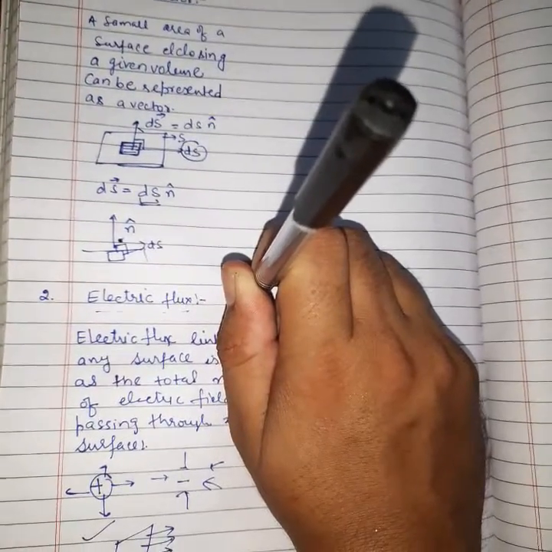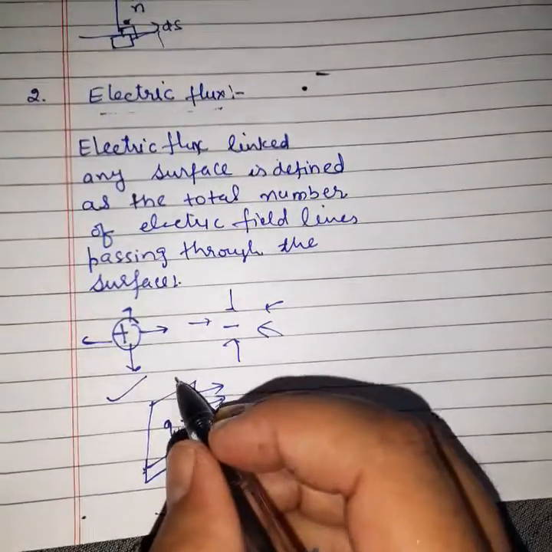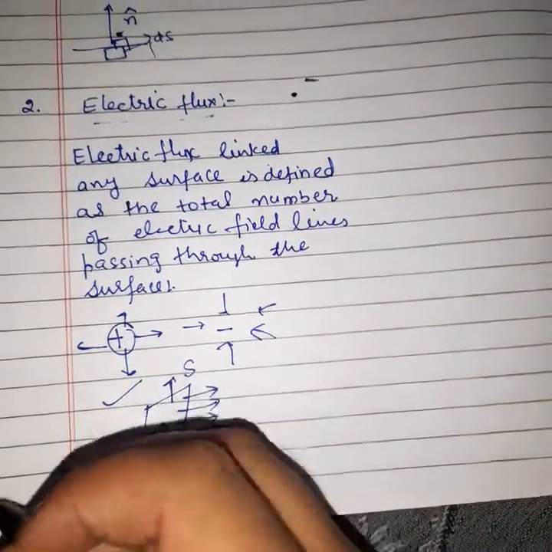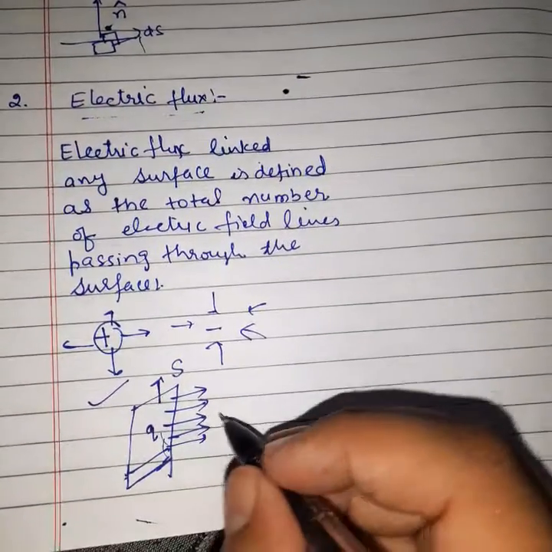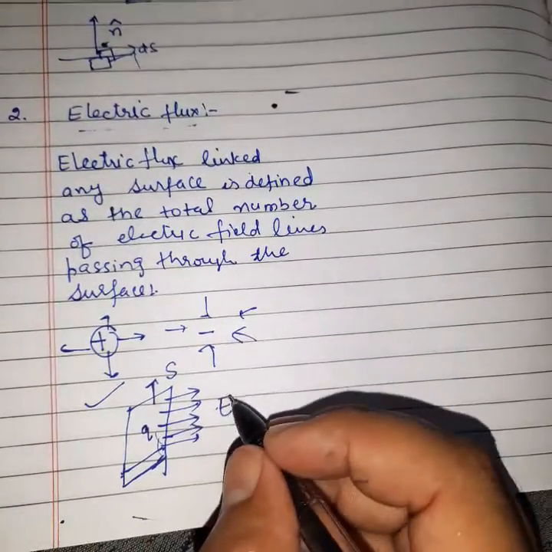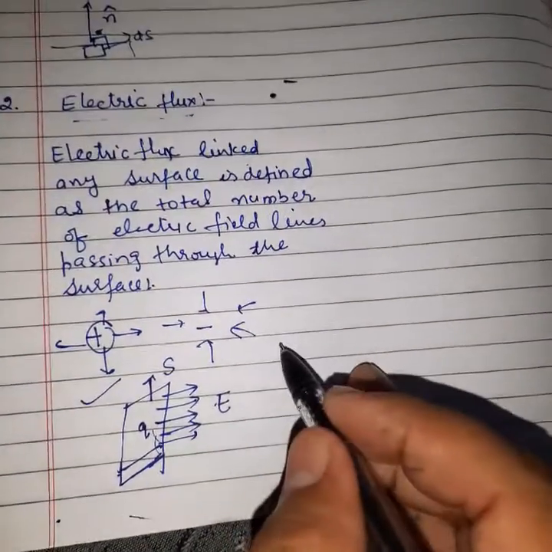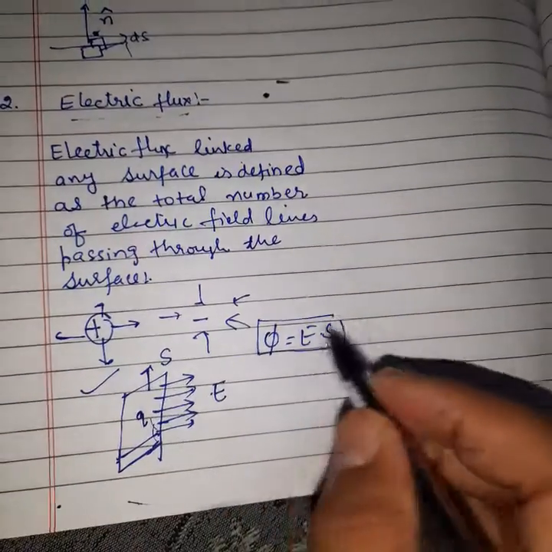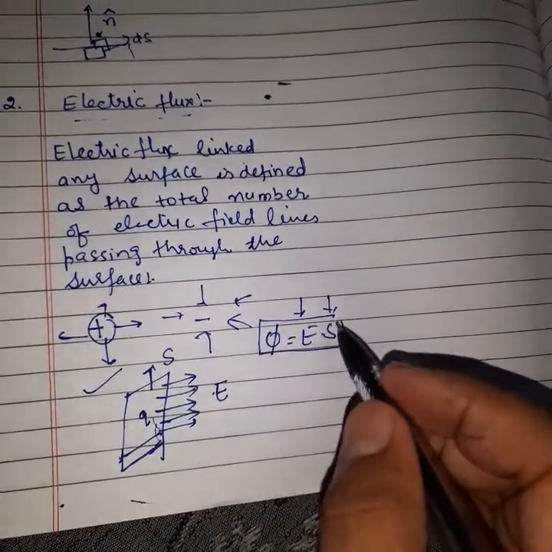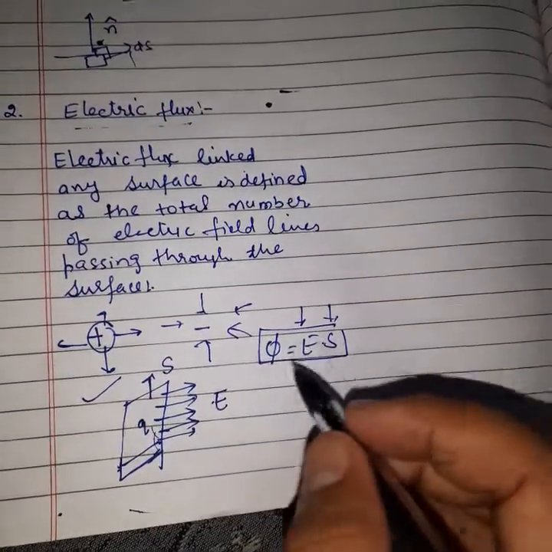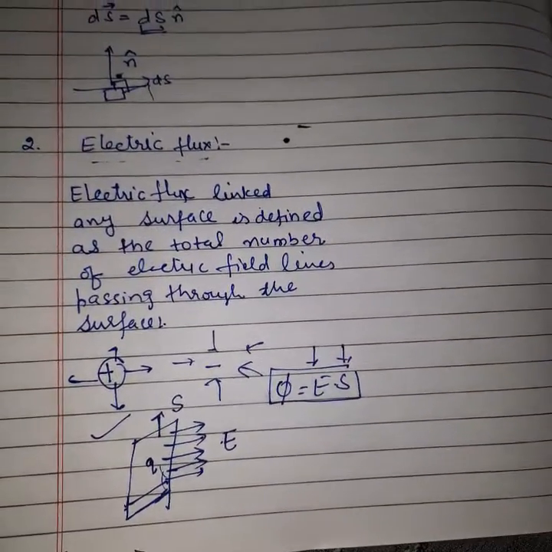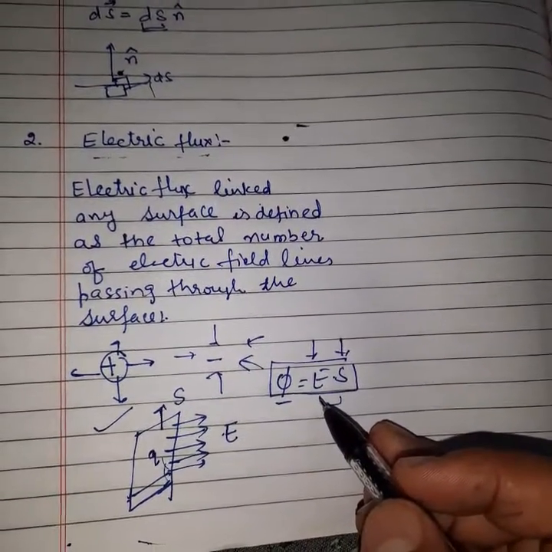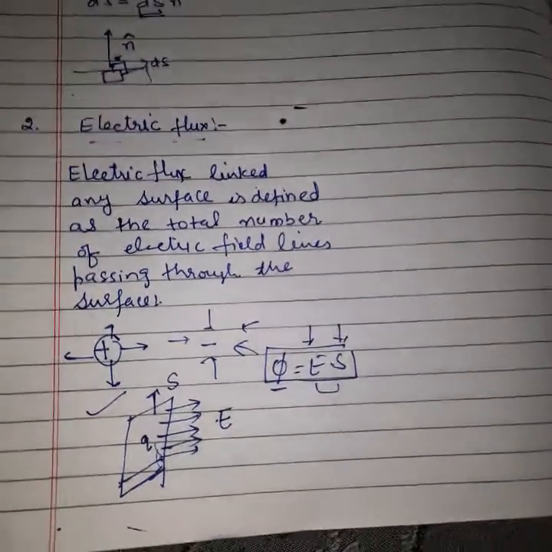The surface, this rectangle, is denoted by S as the total surface, and the electric field is denoted by E. So electric flux Phi is equal to E into S. That means the product of the electric field and the total surface is called flux. The number of field lines can be anything, 10, 20, 100, and this is the total surface. The product of both gives the total electric flux. This is a simple explanation of electric flux.